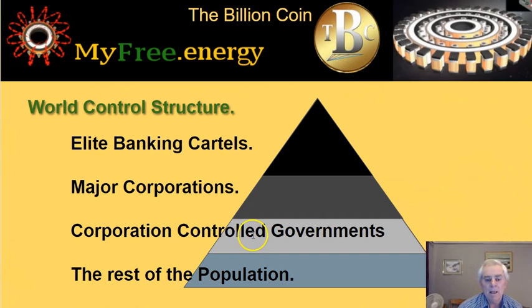Okay. So it's not even that the banking cartel just controls the government and done. Nope. Banking cartel, major corporations, and that's how they gain all that force on the governments because these major corporations are very large corporations, and they have very much money and therefore very much power.